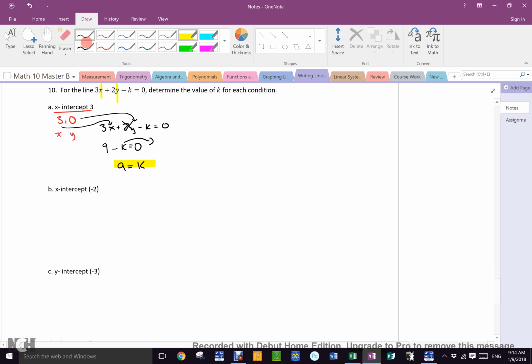There's the first one, 9 equals k. x-intercept to negative 2. Find your x and your y, plug it in, tell me the answer.